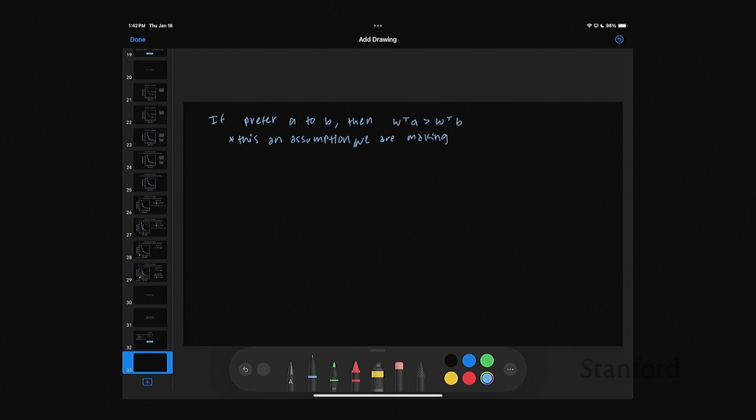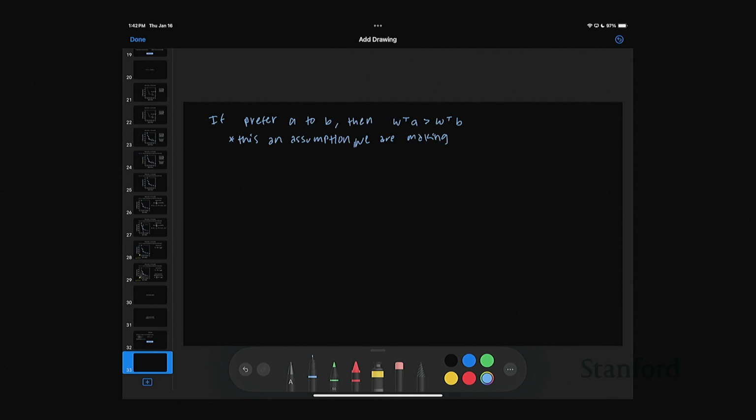But this might not be true. Okay, this is an assumption that we're making, and this might not be the case, and we'll actually talk when we finish up about how we could potentially relax that. But given this assumption, we then know that if we preferred A to B, so we preferred 1 M&M, so 1 times W1, plus 3 Sour Patch Kids, so 3 times W2.